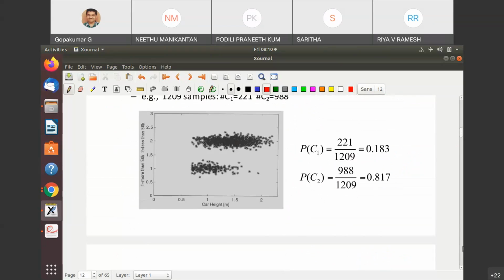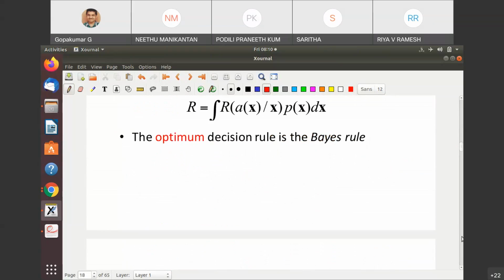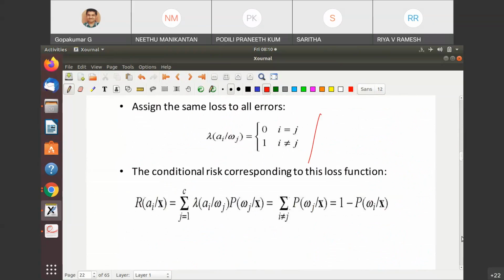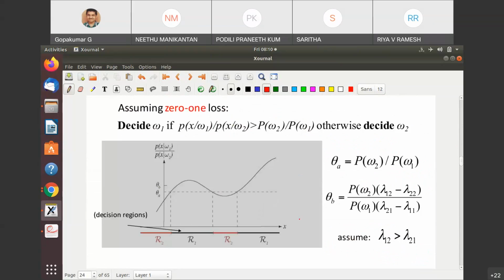So based on that point, when we come to this plot, we can say that this corresponds to the likelihood value plotted against the x value. So this is a likelihood plot, with the feature value that we considered in the previous plot.